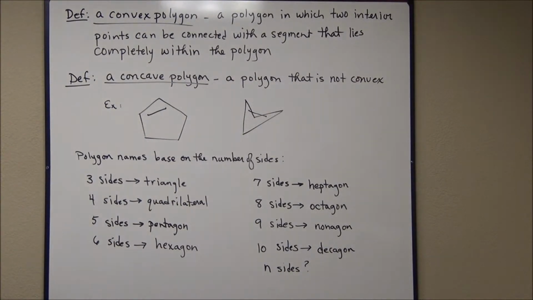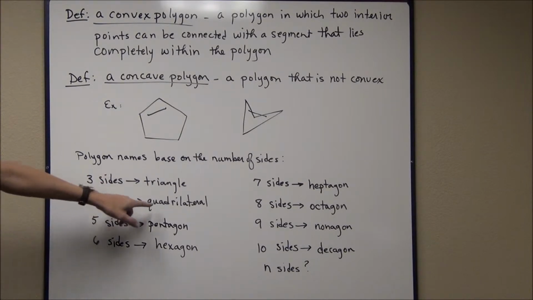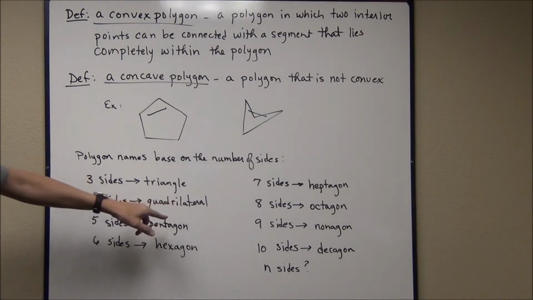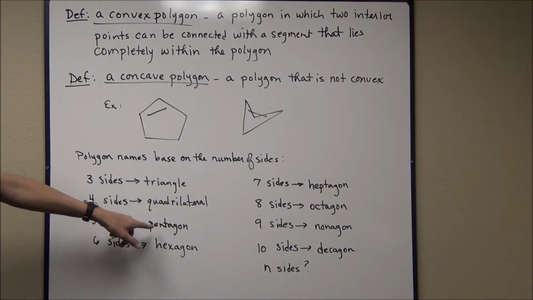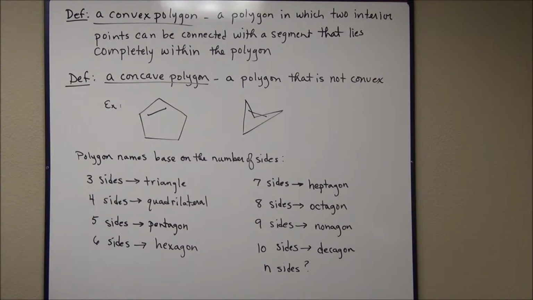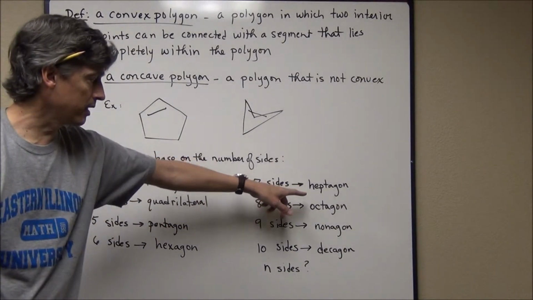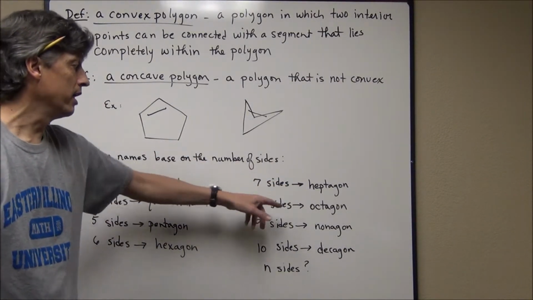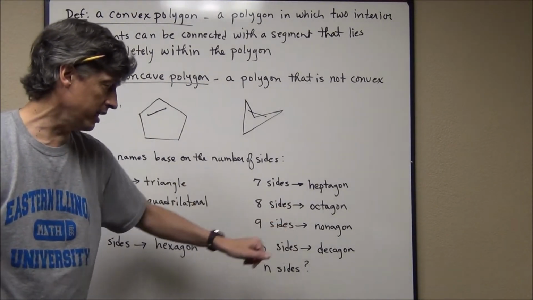Now, polygons are also primarily named by the number of sides that they have. Now, we already know that if it has 3 sides, it's a triangle. 4 sides, it's a quad, that means 4, quadrilateral, lateral sides, 4 sides. 5 sides is a pentagon, like the Pentagon building that has 5 sides in Washington, D.C. 6 sides is called a hexagon. 7 sides, a heptagon. 8 sides, like a stop sign, is an octagon. 9 sides is a nonagon. 10 sides is a decagon.